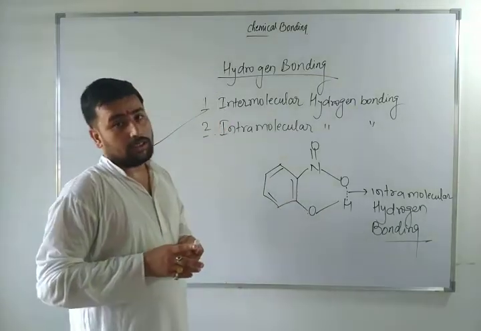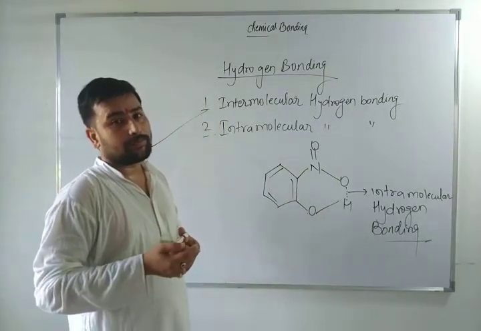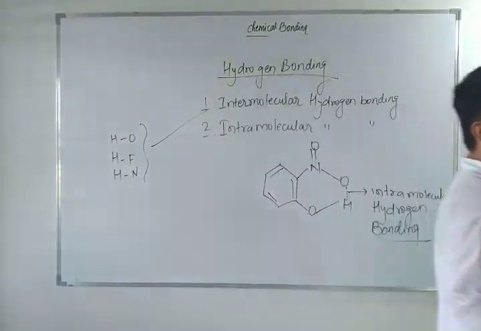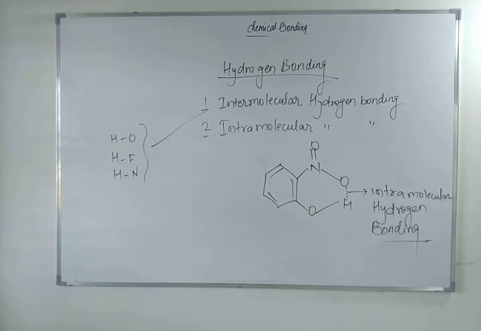But have you ever noticed the difference between intra and intermolecular hydrogen bonding? In the NCERT textbook it is written that the hydrogen atom is in between two highly electronegative atoms.